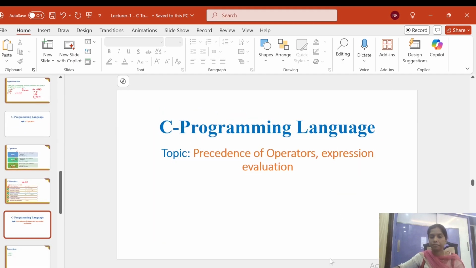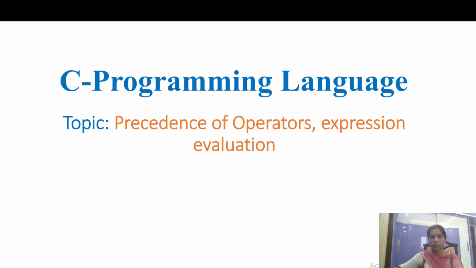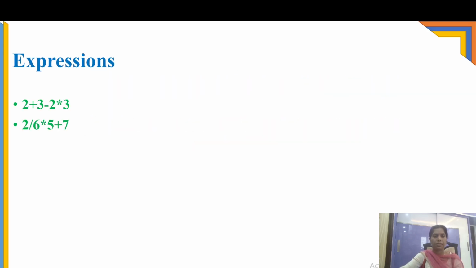Next, expression evaluation. See, what do you mean by expression? An expression is a combination of operands and operators. See here, 2, 3, 2, 3, these are all operands; plus, minus, into, these are all the operators. So it is a combination of operands and operators.